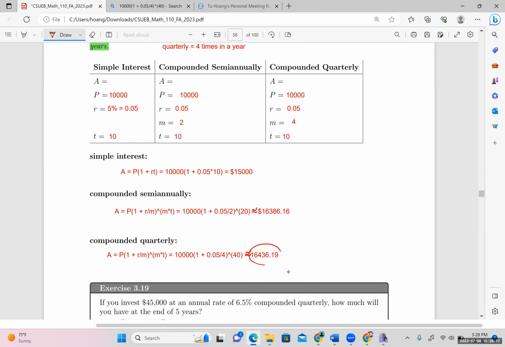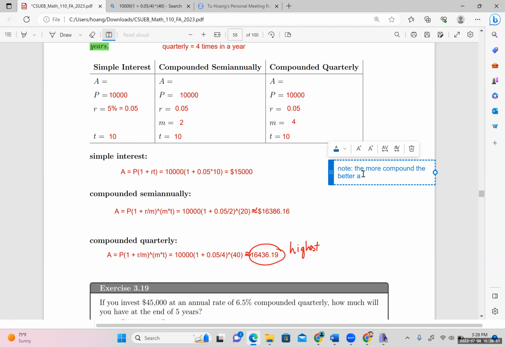This one will give you the highest future amount, so we can note that. The note is: the more compoundings, the better future amount we have.